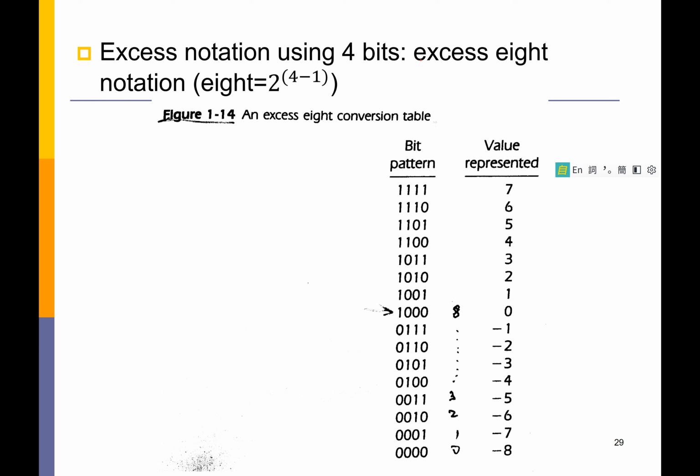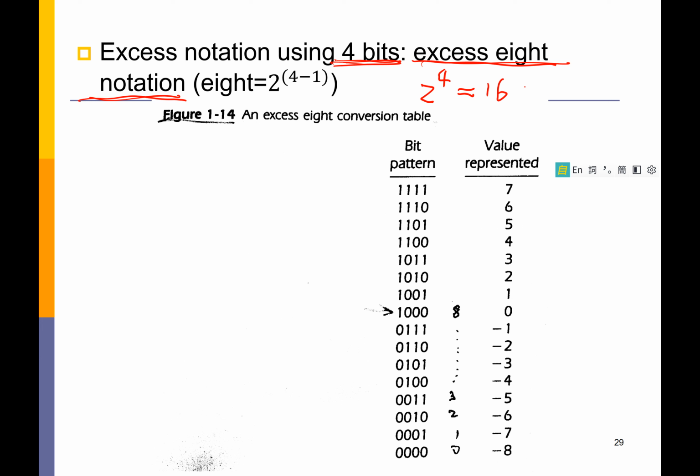Now we can have an SSA notation. Basically, SSA is dealing with 4 bits. Why is 4-bit SSA? It is 2 to the power of 4. How many? It is 16.